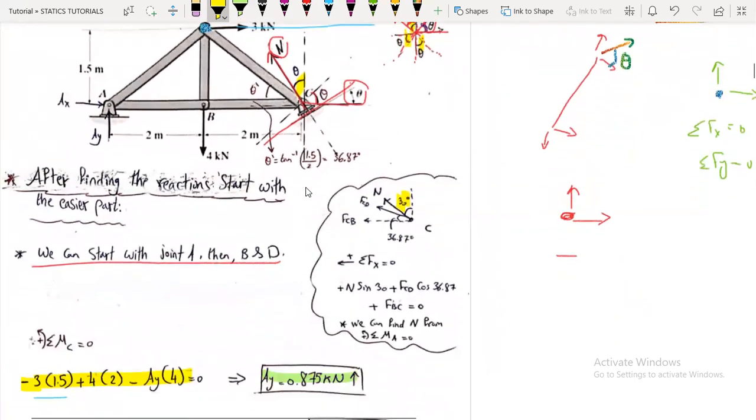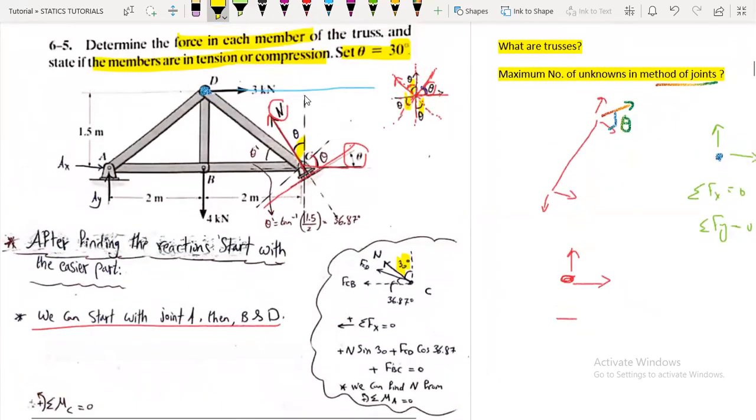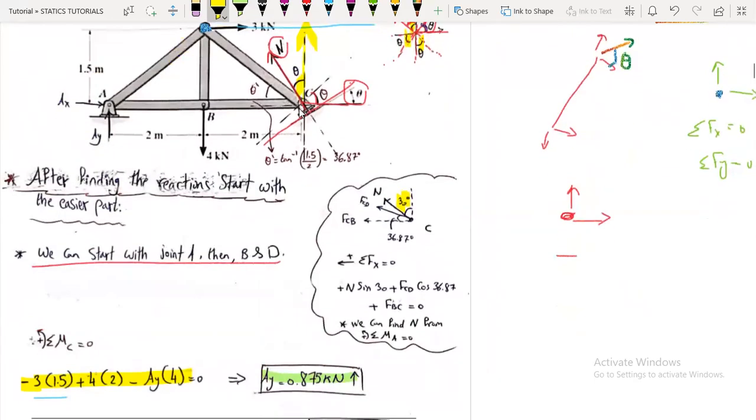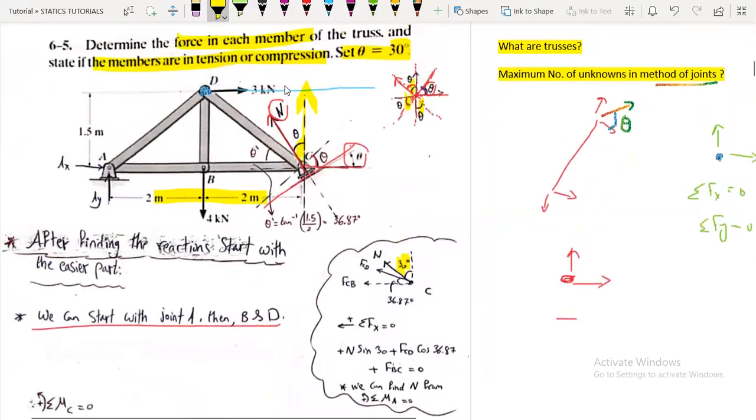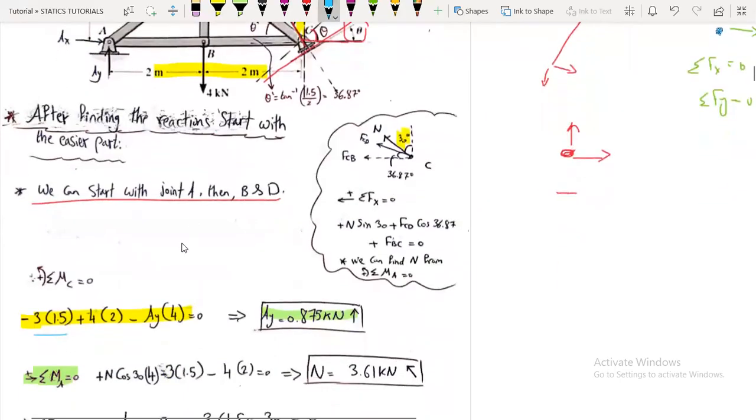Anyway, here we will say the vertical component N cosine 30, multiplied by the distance, which is 4 meters. It's rotating counterclockwise, so it is positive.